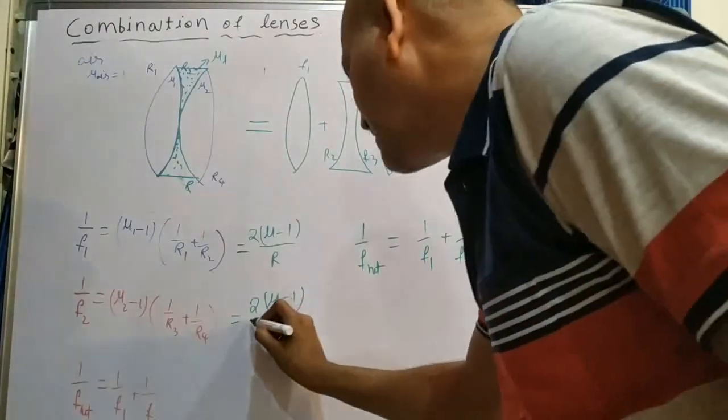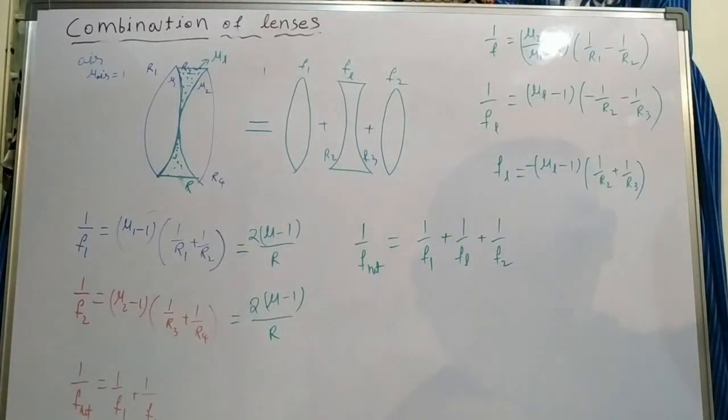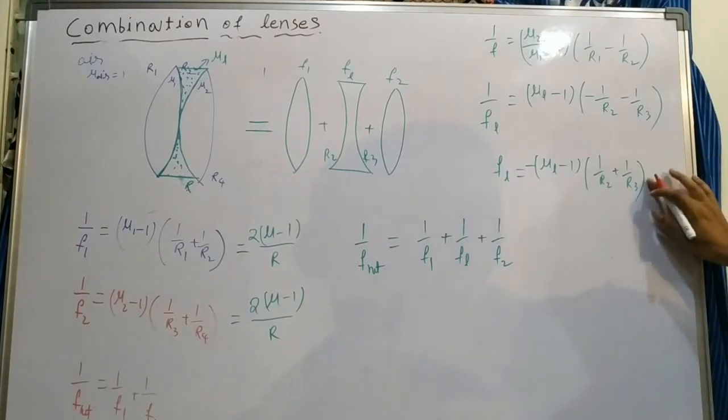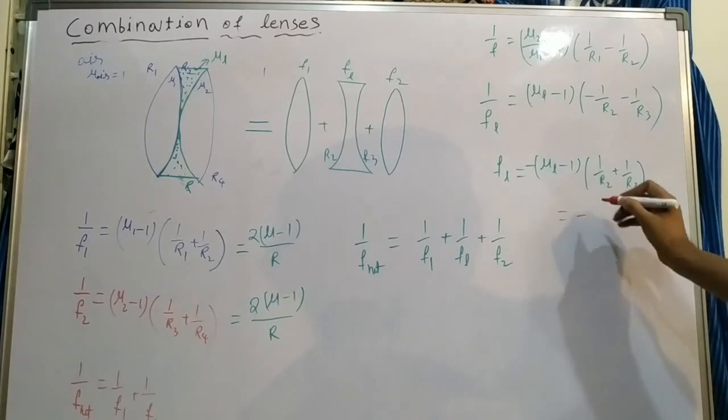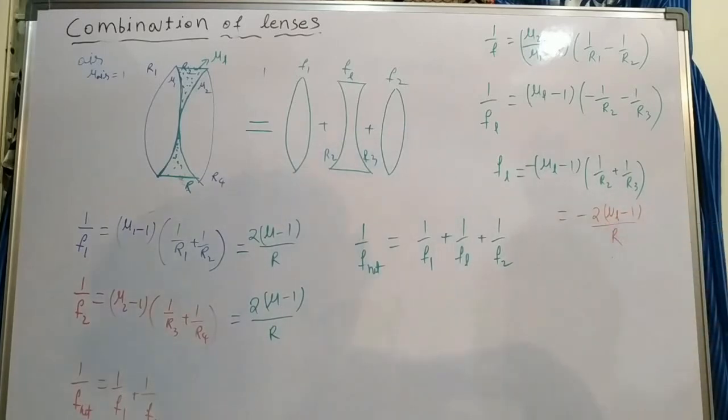And for the liquid lens we get minus of 2 into (mu liquid minus 1) by R.